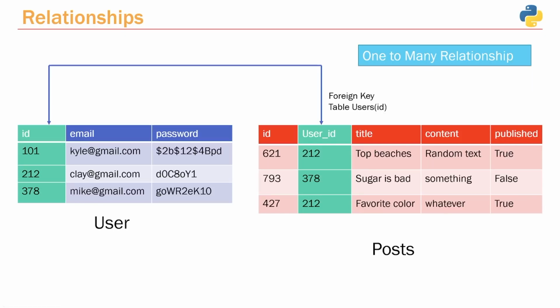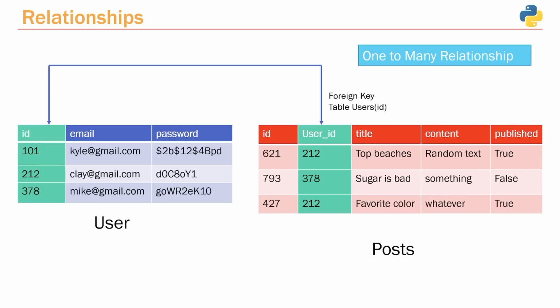And so now moving forward, any post we create, we'll easily be able to tell what user created it because we're going to embed the ID of that user into this column called user_ID. And if you take a look at the second one as an example, we can see that this was created by a user with an ID of 378. So we go into the user table and we can see that this user is mike@gmail.com. And it really is as simple as that.